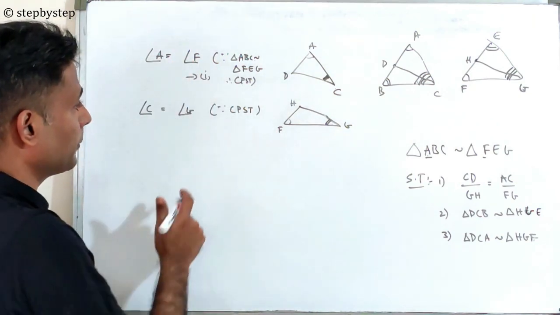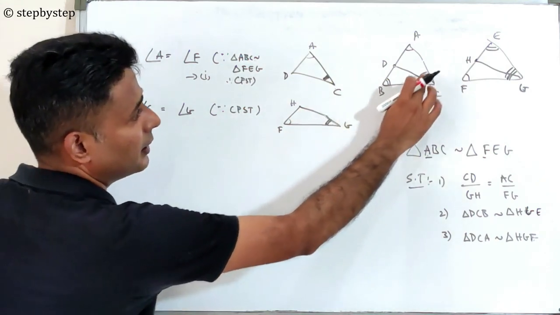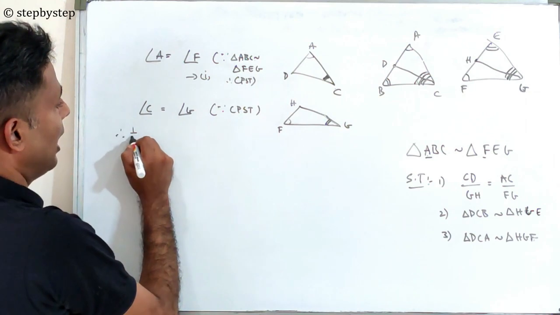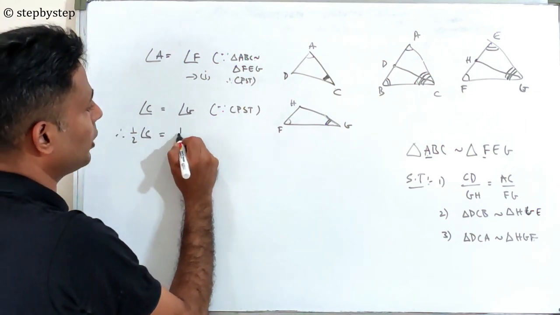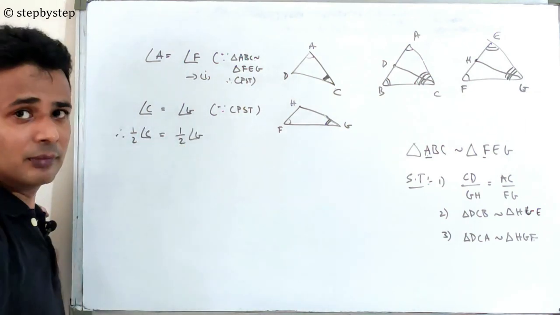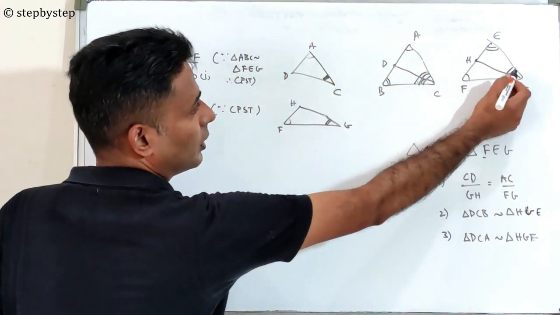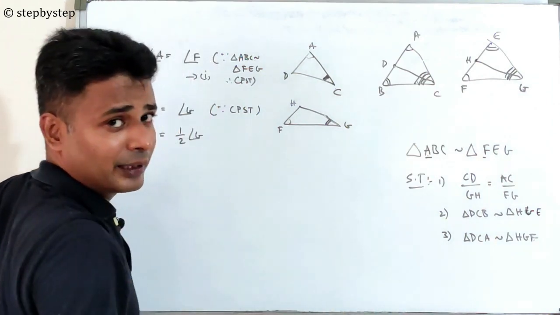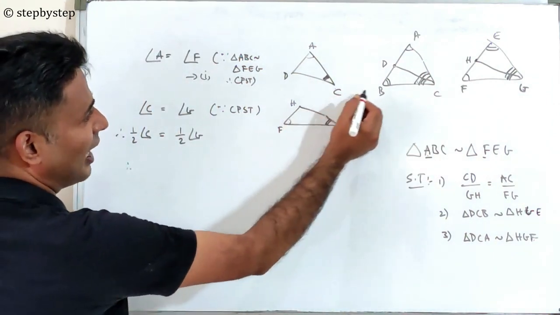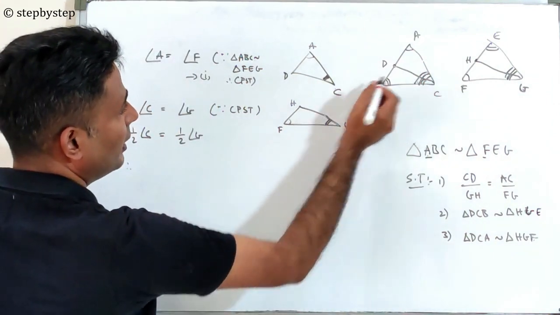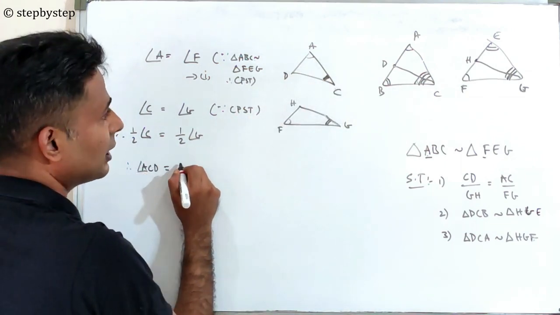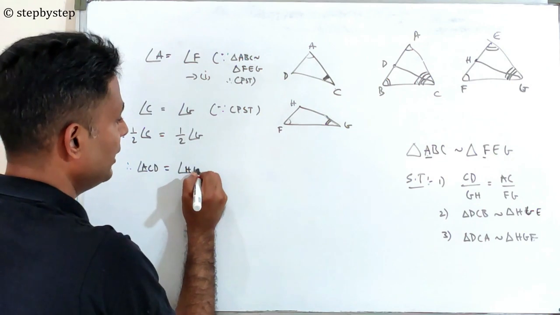Because of CPST, this whole angle is equal to this whole angle. Therefore, half of angle C is equal to half of angle G, right? So half of this angle will be equal to half of that angle.